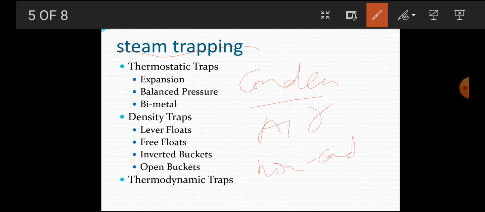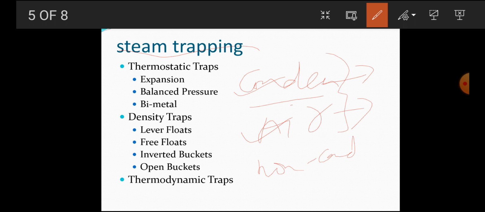So steam trap, what is it? It is a valve device that discharges, means removes, condensate and air from the line or piece of equipment without discharging the steam. So we are not taking out the steam, just condensate and air are exiting, without escape of steam.